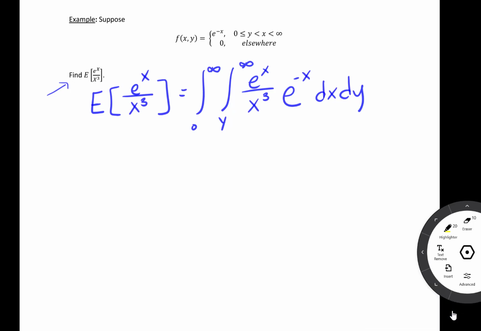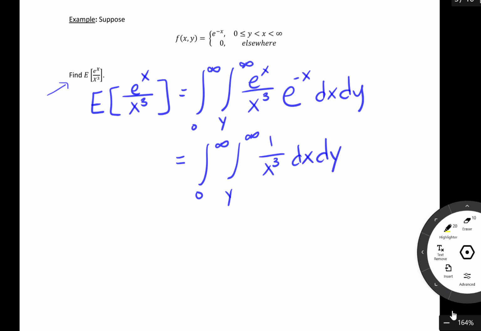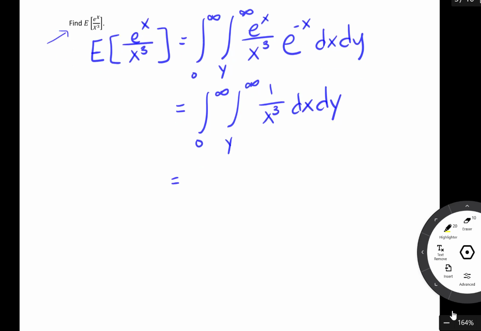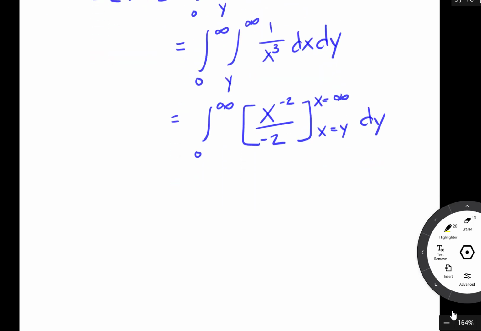Notice here that we've got some cancellation, so I'm just going to rewrite this integral. Okay. So now first integrating with respect to x, we have the following. Which then yields the following.